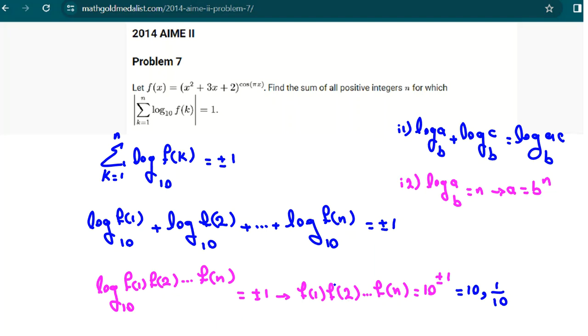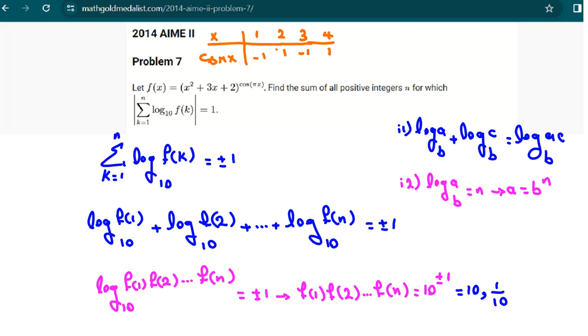Now let's focus on f of x. We can say f of x is x plus 1, x plus 2. We can factorize cos pi x. If we consider x and cos pi x, for x 1 it is cos pi, negative 1, for x 2 cos 2 pi, 1, for 3 negative 1, for 4 1.